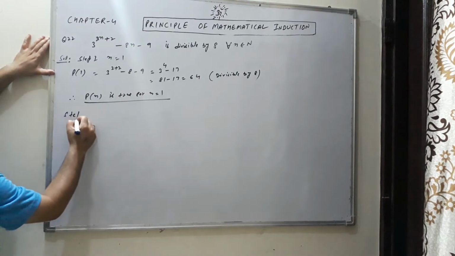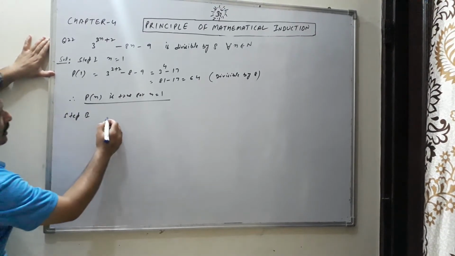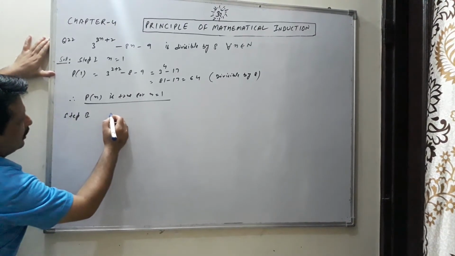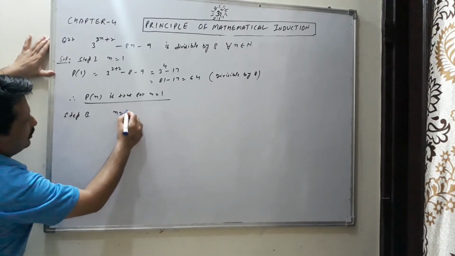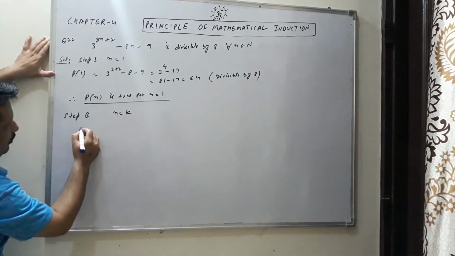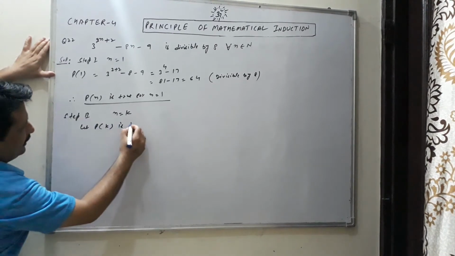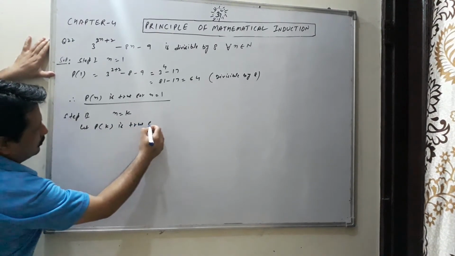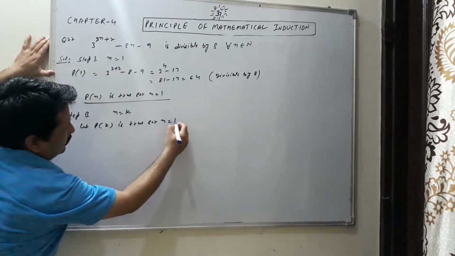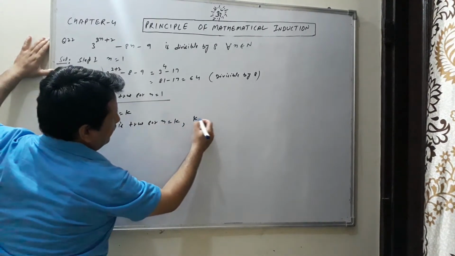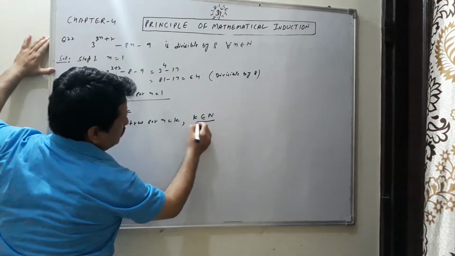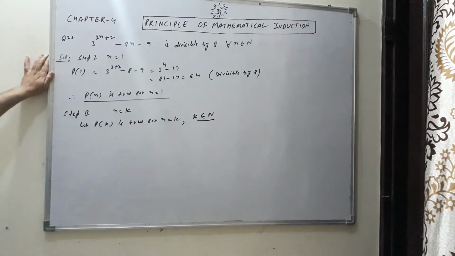Come to step number 2. Now we are taking n equal to k. So let P(k) be true for n equal to k, where k belongs to natural numbers.